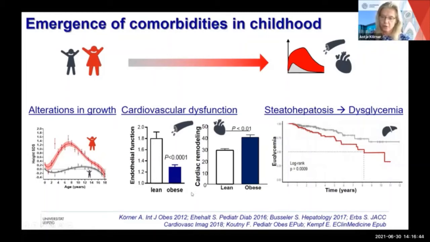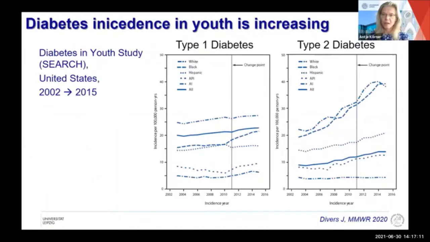If we look into cardiovascular function in more detail, like vascular function based on endothelial function or also on cardiac remodeling, then we do see that there are first differences in those children with obesity. And we also have children with an increased prevalence of liver steatosis, which is also a predictor of developing further metabolic complications.